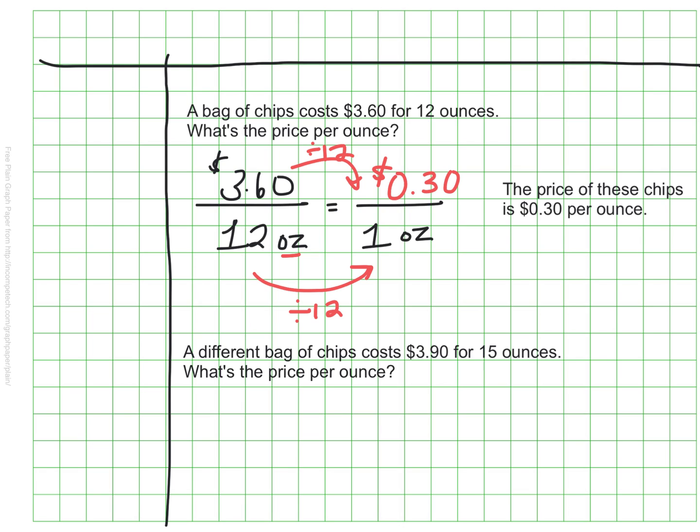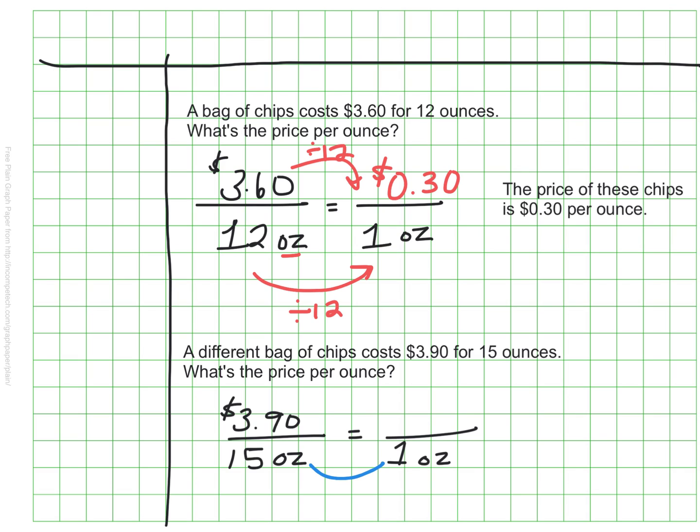Perhaps there's a second bag at the grocery store, and that bag costs $3.90 for 15 ounces. I can calculate the price per ounce or unit rate for that bag as well, and by doing so I'll have two numbers and I can compare which is the better deal at the grocery store. So once again, I've set up my equivalent ratios to calculate this.